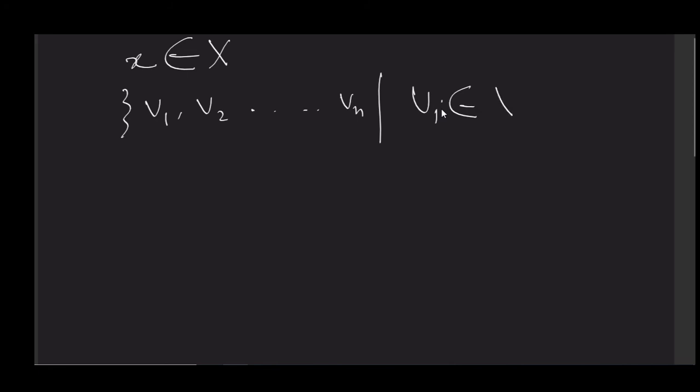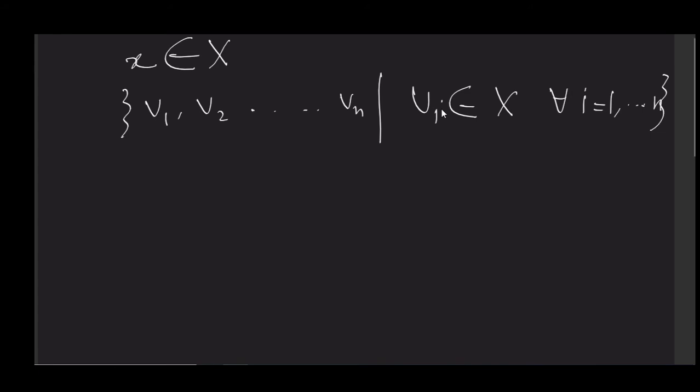So let us try to understand what I am trying to say by this. Like if x belongs to X and there exists a set v1, v2, vn such that vi belongs to X for all i from 1 to n, right?